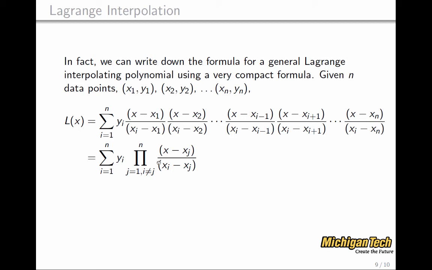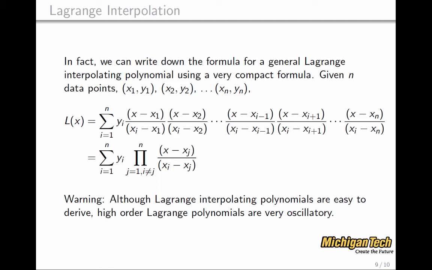The product takes each of these terms for j equals 1 to n, but j not equal to i, and multiplies them together. A quick word of warning: although Lagrange polynomials are easy to derive, these high-order Lagrange polynomials are very oscillatory.